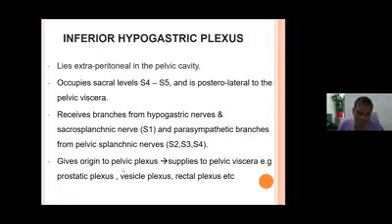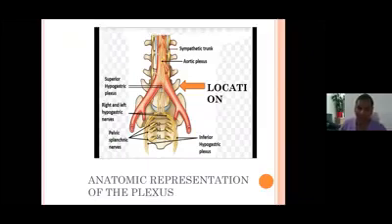Just below the bladder neck or posterior to the prostate, as the prostatic plexus and vesical plexus. This is the location of the inferior hypogastric plexus.